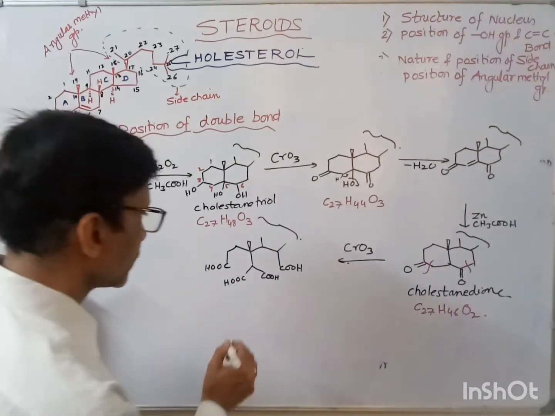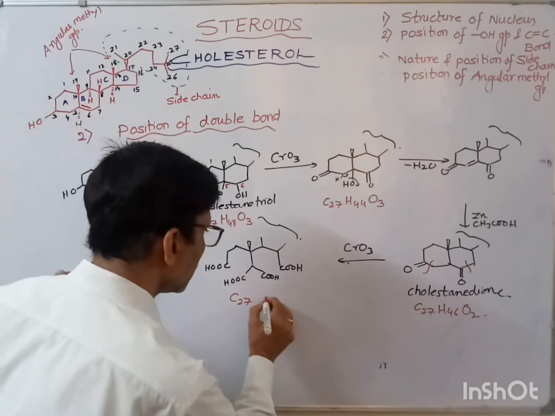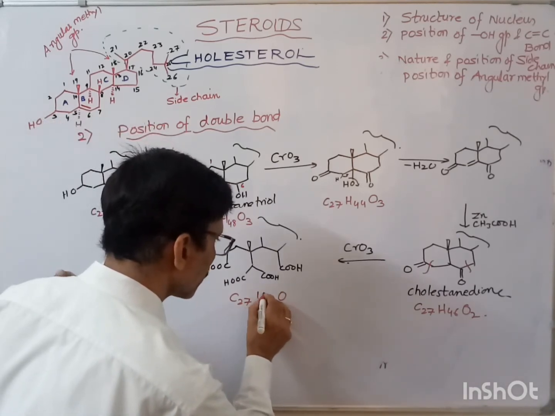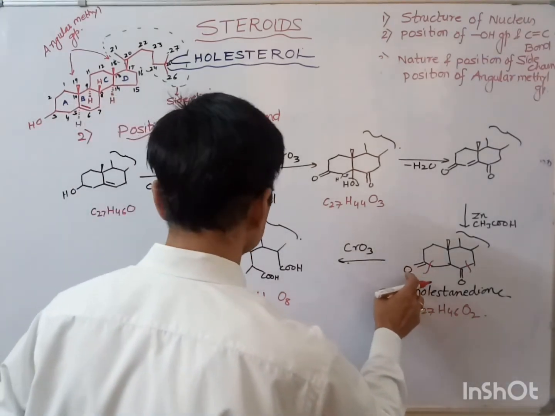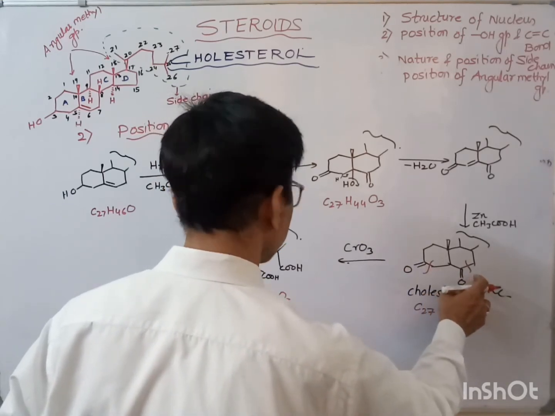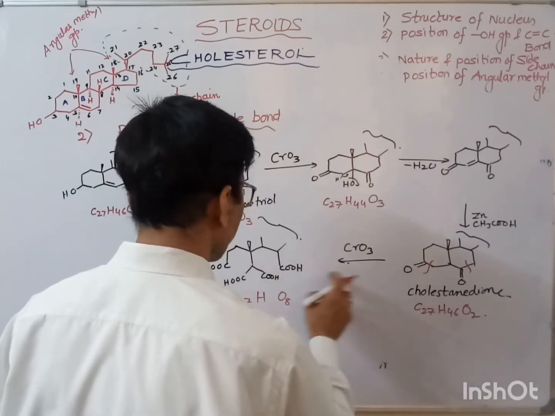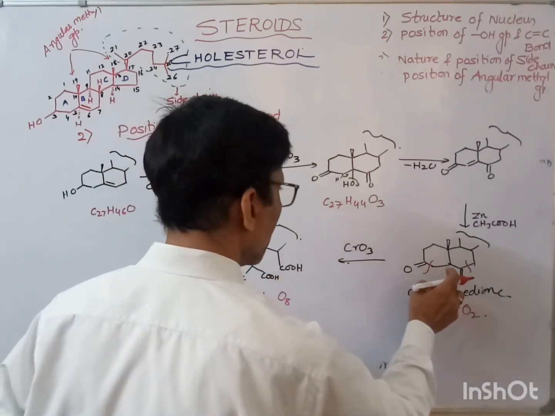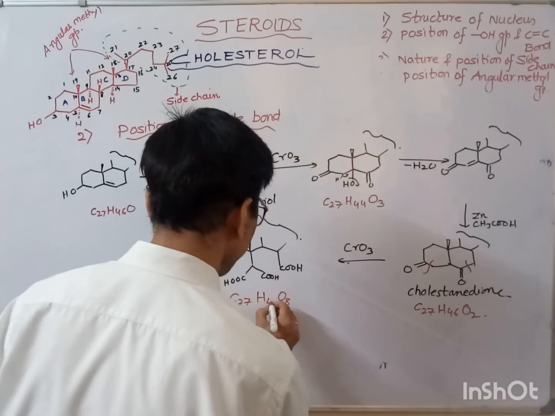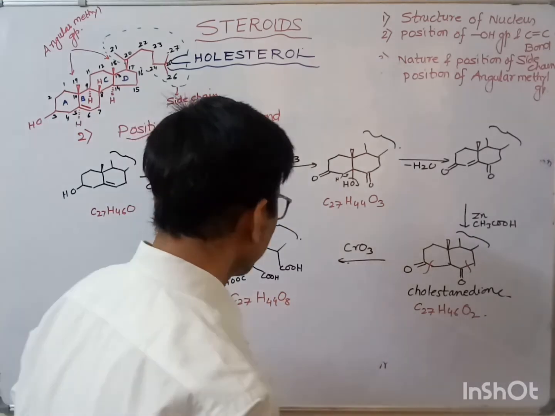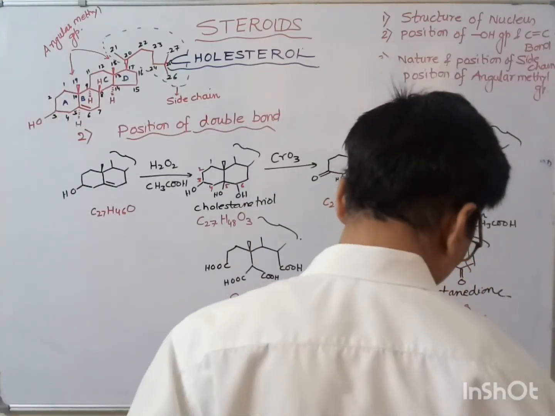And finally this is C27, and the number of oxygens is 8. How many hydrogens? If we add this COOH, 4 hydrogens are added, so this becomes C27H44O8. This will be the final formula for this.